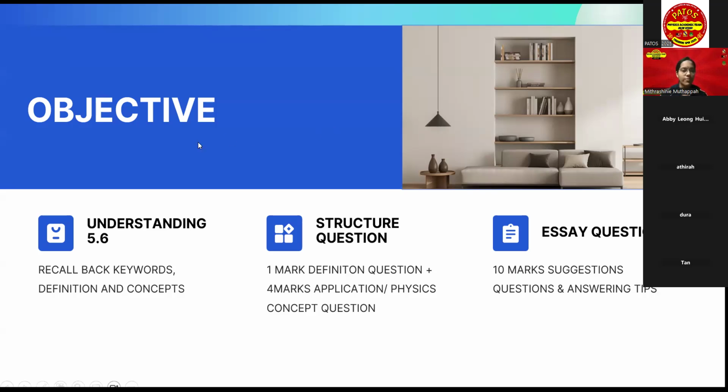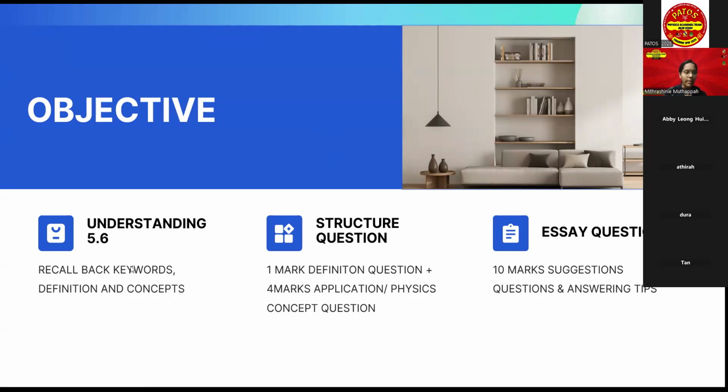So first of all, we will be understanding what our 5.6 is about. Please tell your answers in the chat box. Okay, so 5.6 is about interference of wave.